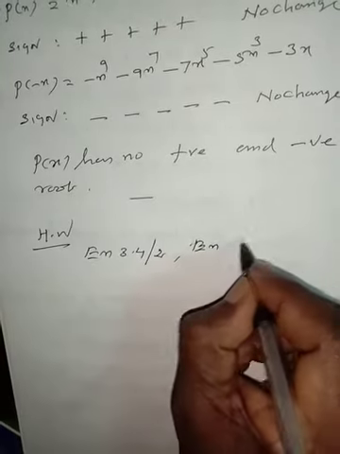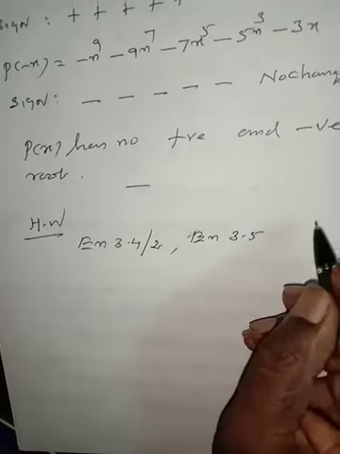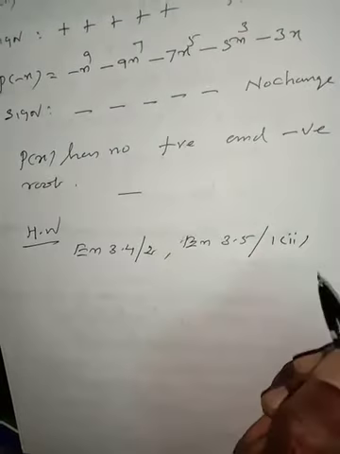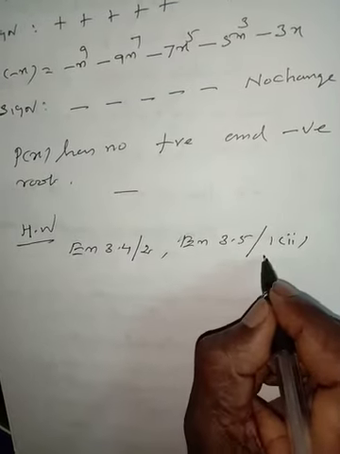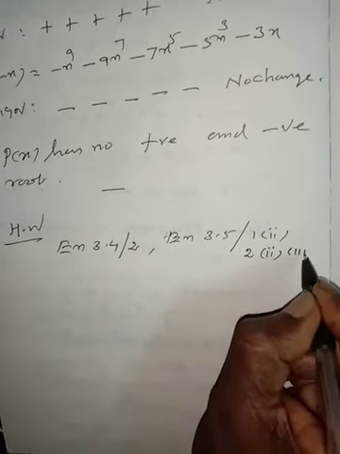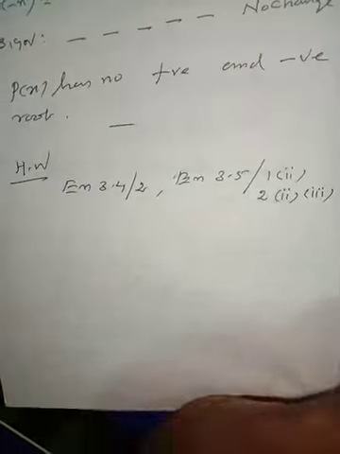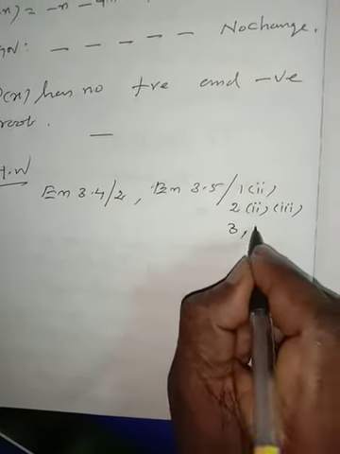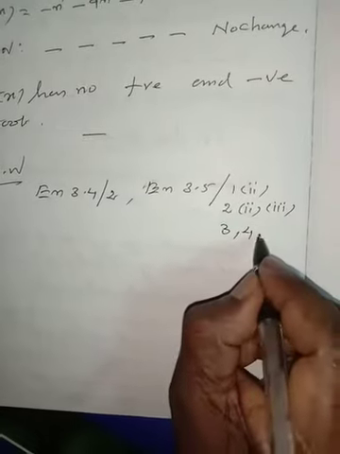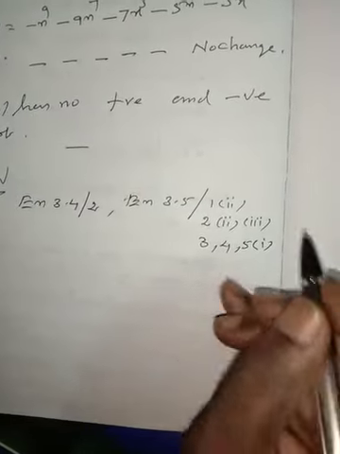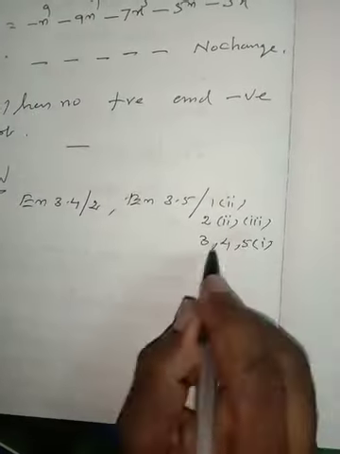Exercise number 3.5, sum number 1, subdivision number 2; second sum, subdivision number 2 and 3; third sum, fourth sum; next, sum number 5, subdivision number 1 and the 7th sum. Exercise number 3.6.